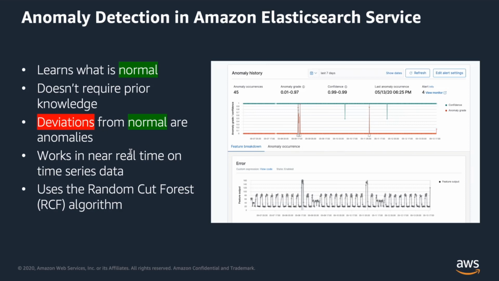So all of this is part of your Amazon Elasticsearch service under the anomaly detection feature, and it works in near real time on your time series data by employing the random cut forest algorithm, which is baked into the service itself.